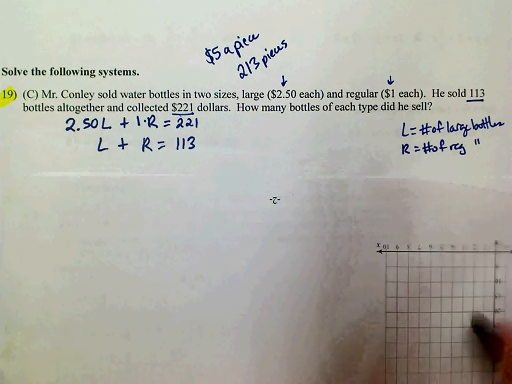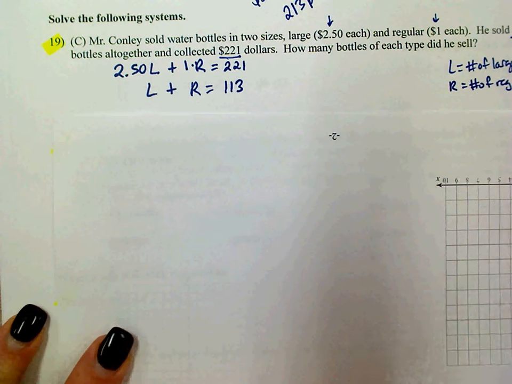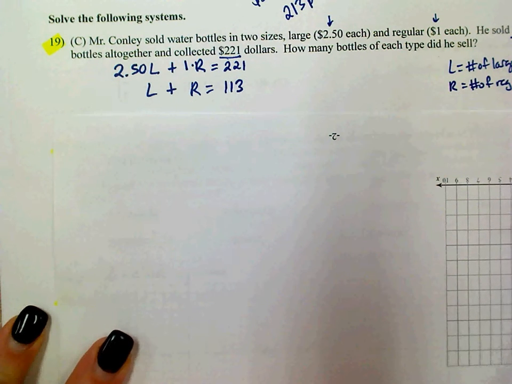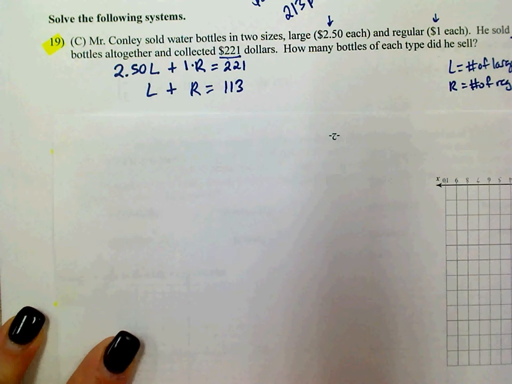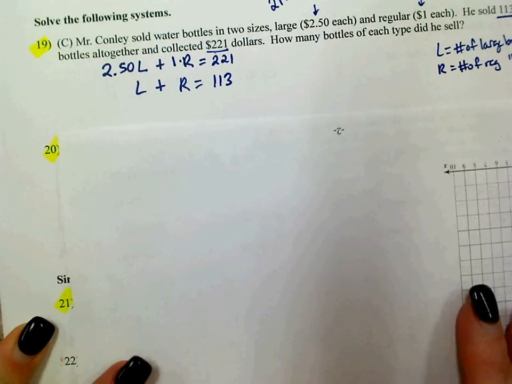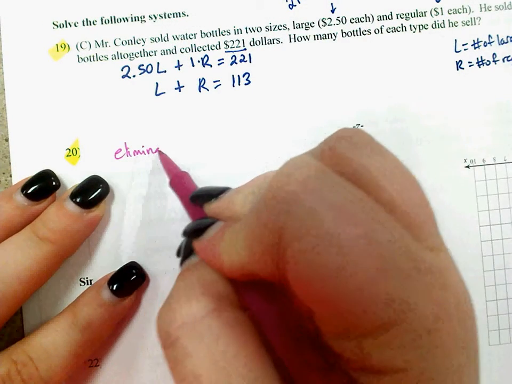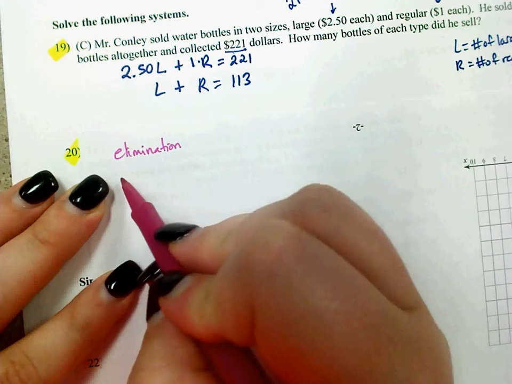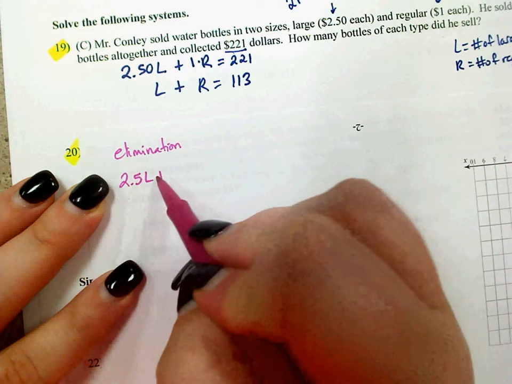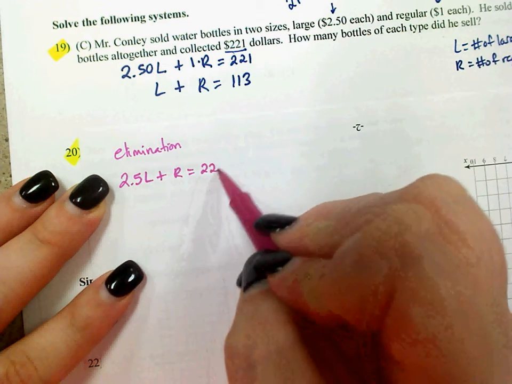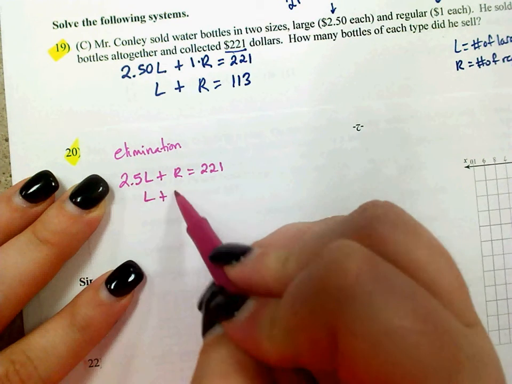I'm going to address elimination first, and then substitution, because it doesn't really matter how you do it. So if I have 2.5L plus R equals 221, and L plus R equals 113.